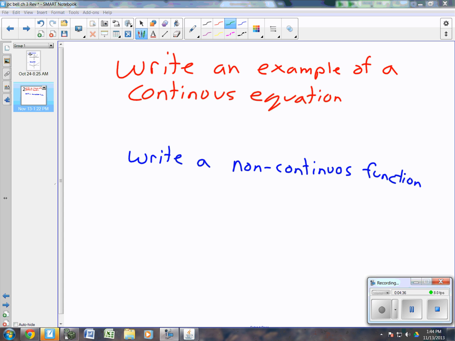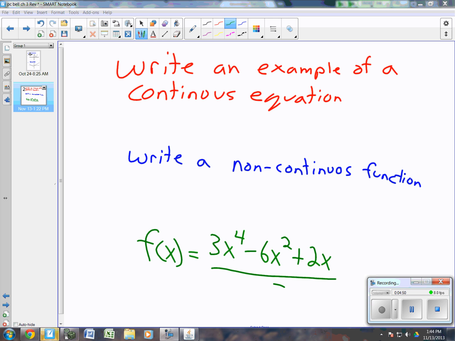I want to know, is this one continuous or not continuous? The answer is that it is continuous.